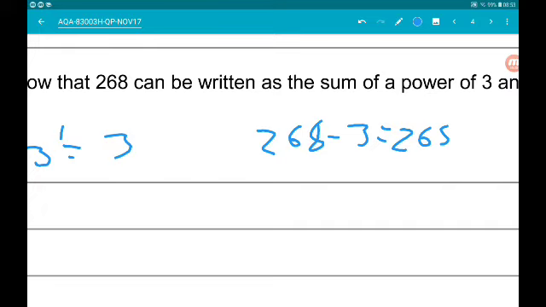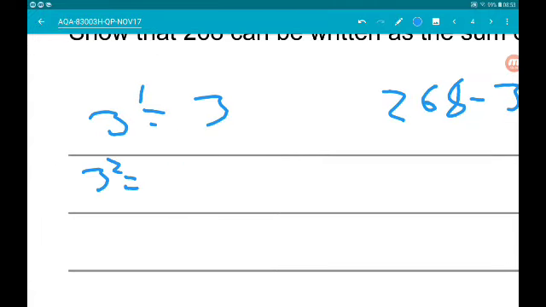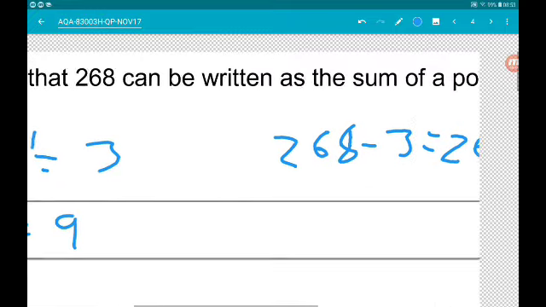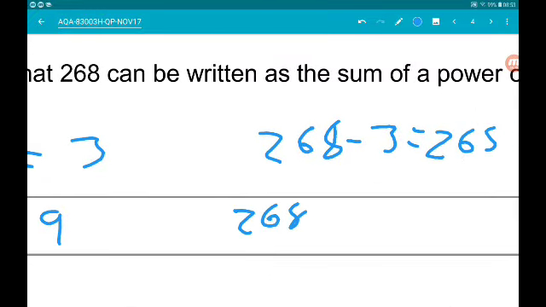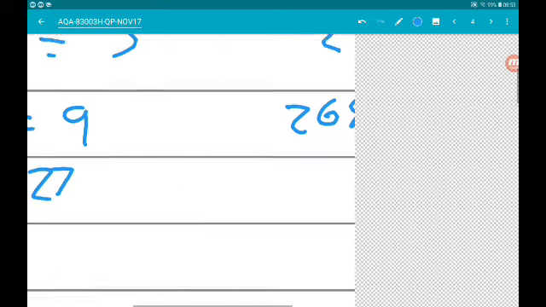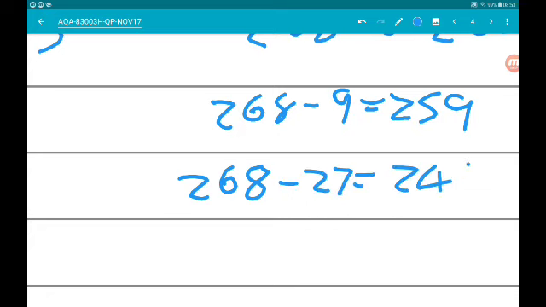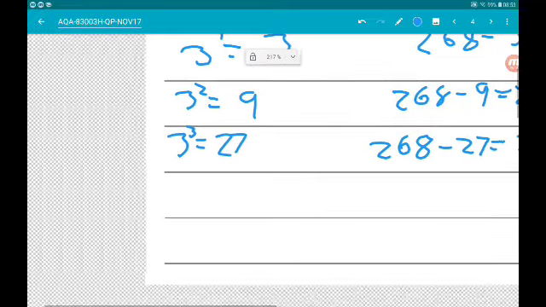Remember, you can always use your calculator to check. 3 squared is 9. 268 minus 9 is 259, not a square number. 3 cubed is 27. 268 minus 27 is 241, not a square number.